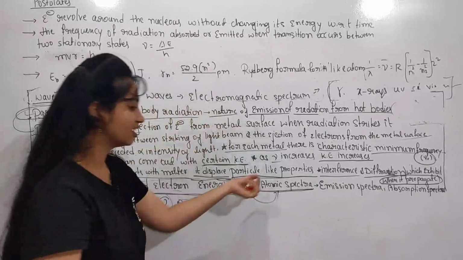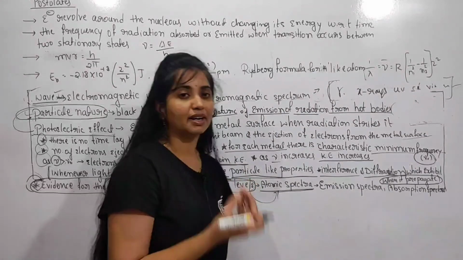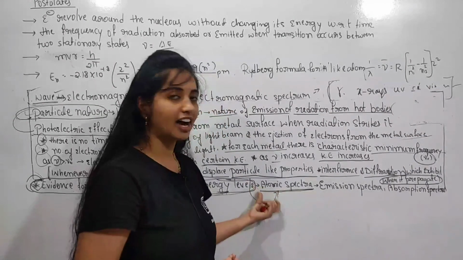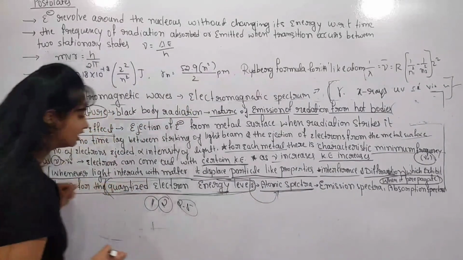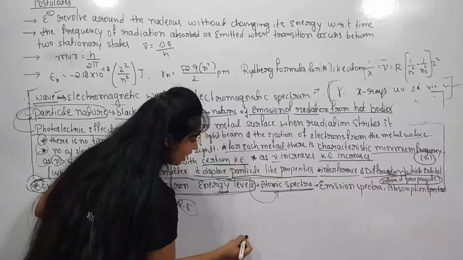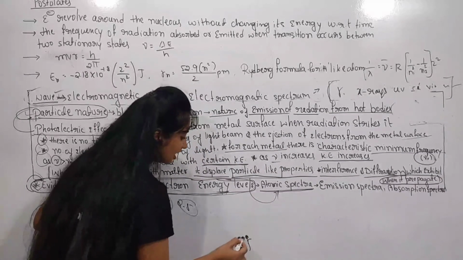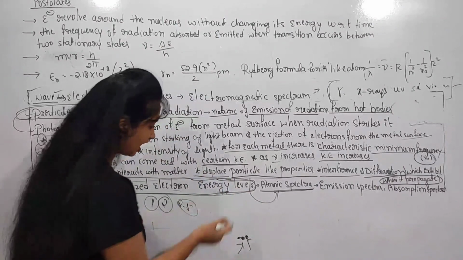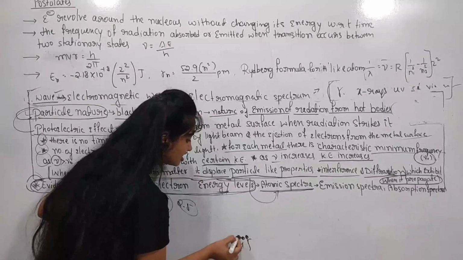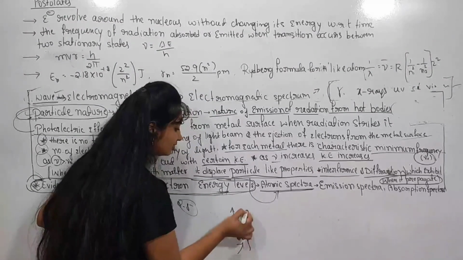And this evidence is given with the help of the atomic spectra. So what do we mean by the atomic spectra here? We get a spectra with the help of atoms. When we apply energy to these atoms, the electrons absorb the energy and jump from a lower energy level to a higher energy level.